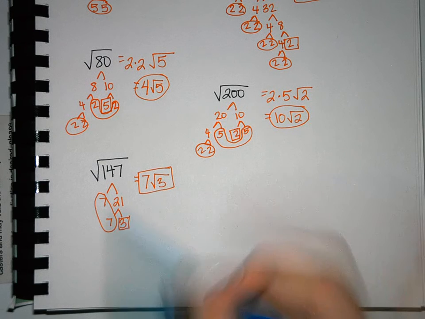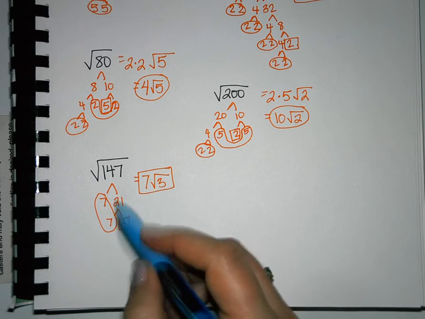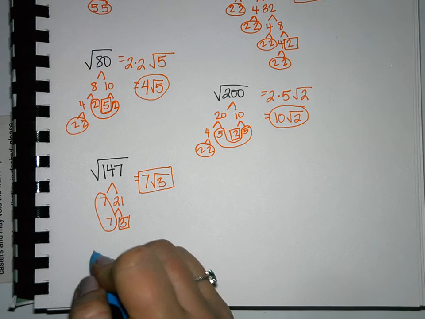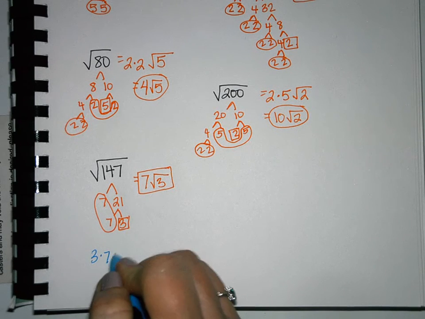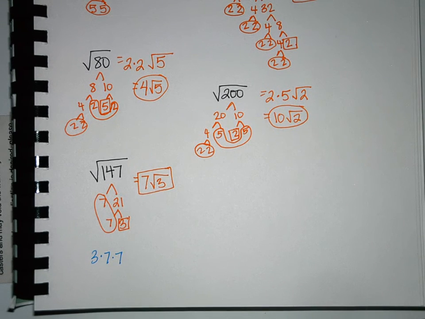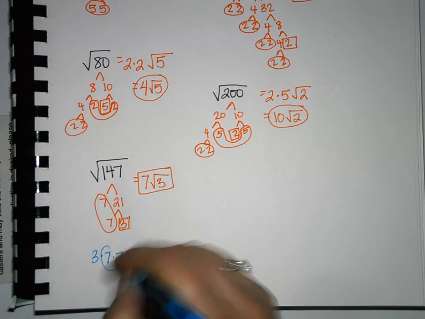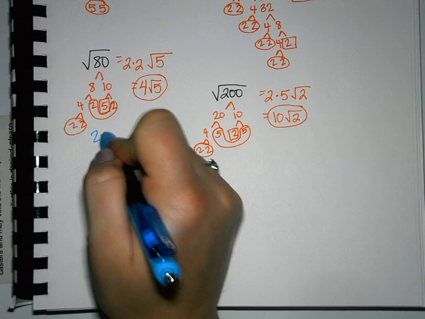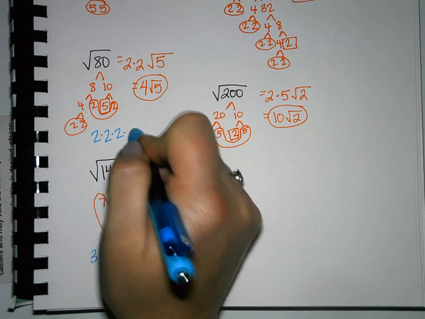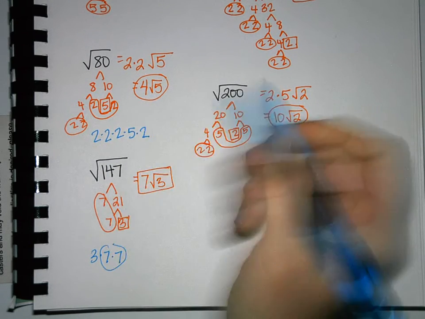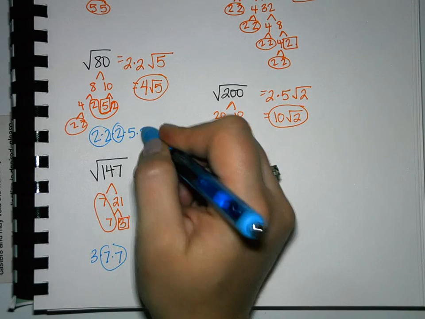Sometimes if it's helpful, what you can do is rather than just circling from the bottom, write them all out in a row. So this had a 3 and 2 7s at the bottom. There's your pair. This one had 1, 2, 3, a 5, and then another 2. So you have a 2, and then those 2's there.